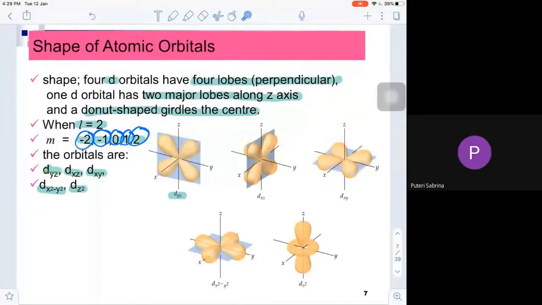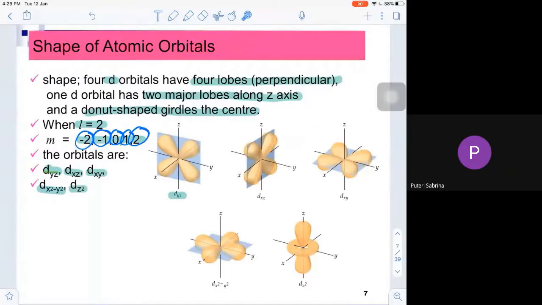But if the 4 lobes are between the x and z axis, this is the x axis and z axis, then the name is the xz. If the lobes are between x and y, it is the xy.